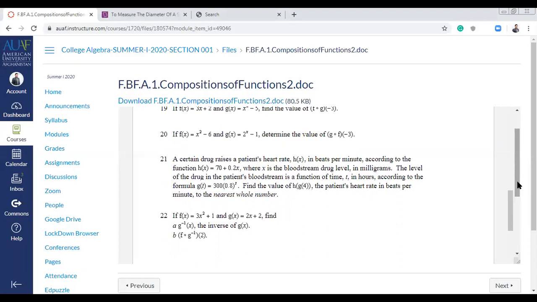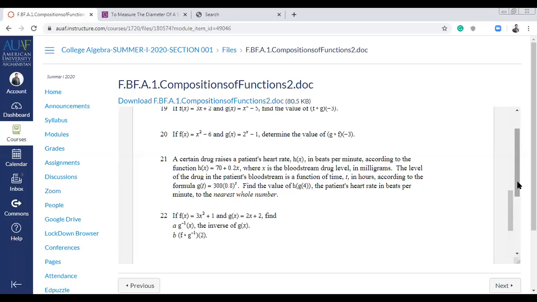Great, so simple. Here h of x is given as 70 plus 0.2x, and g of x is given as 300 times 0.8 power t.